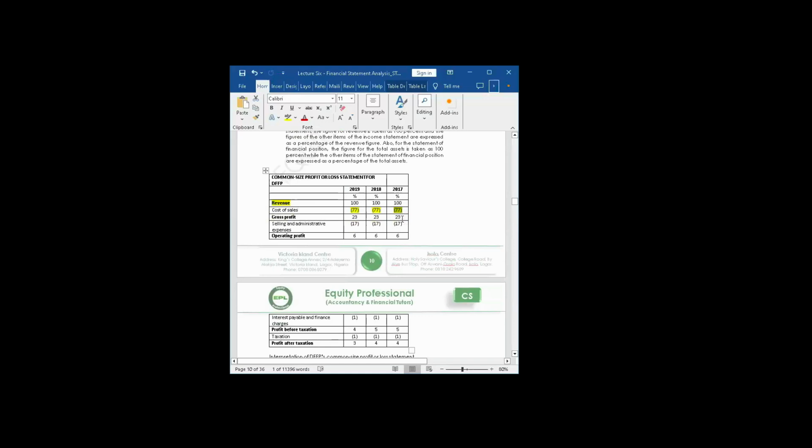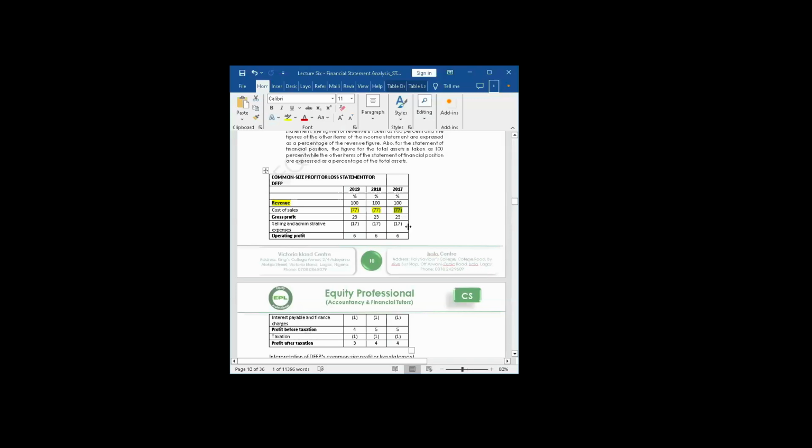On one hand, we might say that they have been consistent in managing their direct cost. On the other hand, we might also argue that the percentage the direct cost takes of the revenue is too high, leaving little margin to cover other expenses.